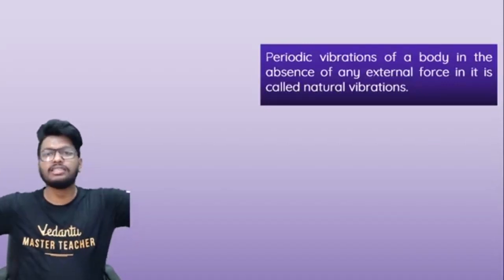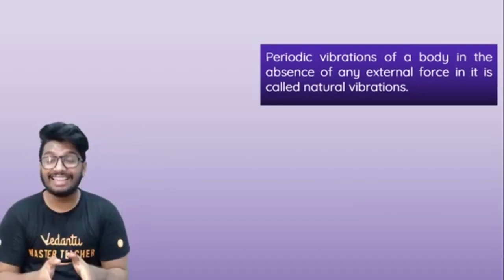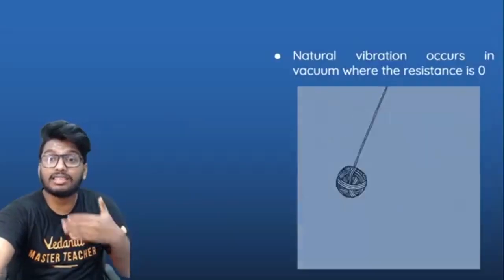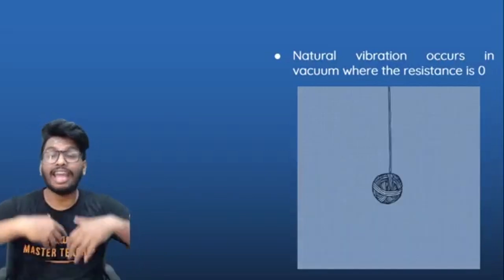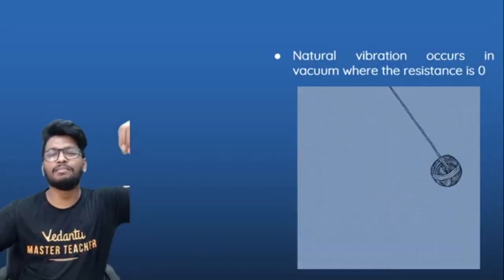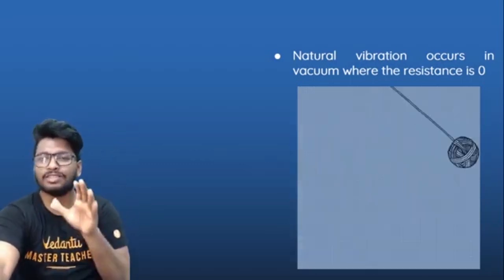You just do it once and it continues to oscillate forever at its natural frequency. It is doing it automatically without any sort of external force applied on it. So the best example, guys, again, like I told you, is a simple pendulum in a vacuum where the air resistance is zero.